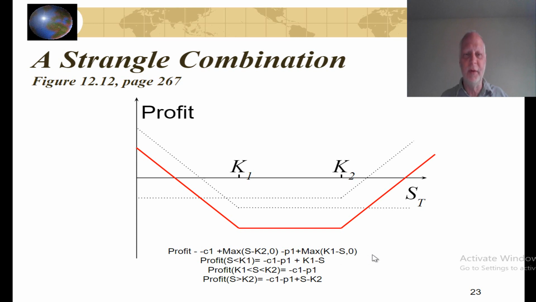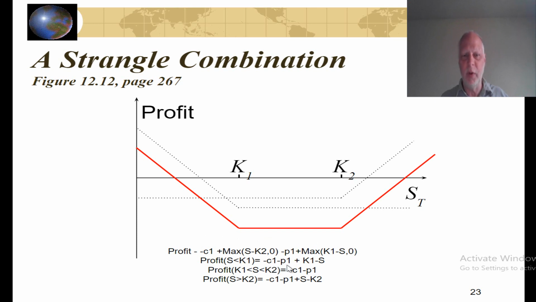We can again split it up, in this case, into three regions, starting with the stock price less than the strike price K1. If we are less than K1, then our call option expires worthless, but we do get paid off with our put option.